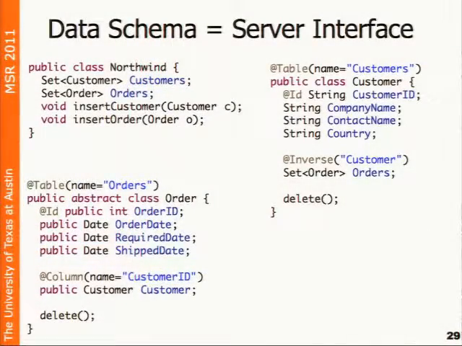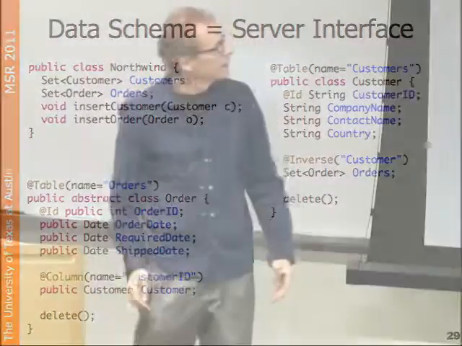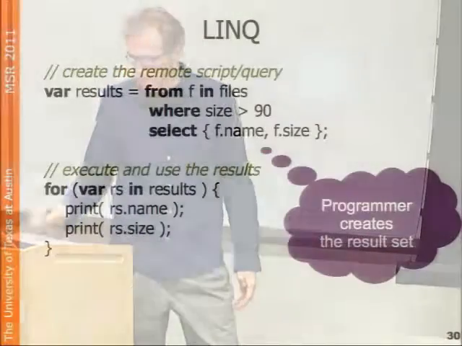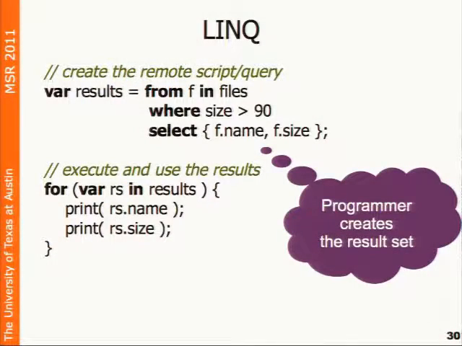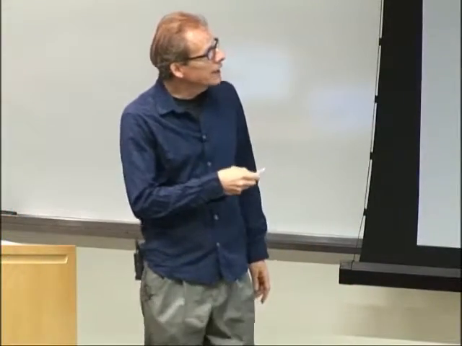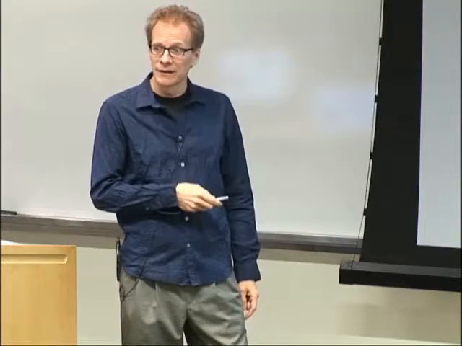Okay, so if you do normal object-relational mapping, you can define the structure of a data model using a bunch of interfaces or classes. And then I want to do a quick comparison with LINQ here. In LINQ, it handles the writing of the query very nicely, but it still is the batch execution pattern. We're still creating an artificial data structure manually and then decoding it in the results.